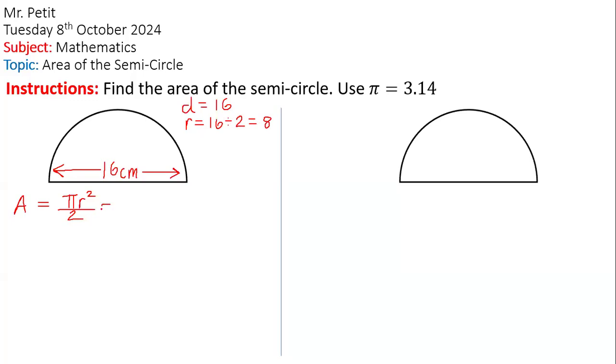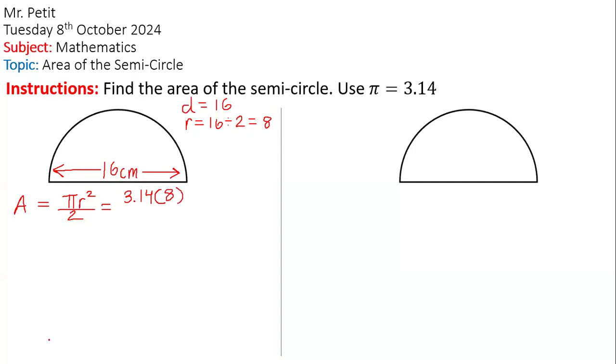Now, what is pi in this question? Pi is what? 3.14. All right, 3.14. And we have to square the radius. Remember, the radius is r. But r is what? R is 8.